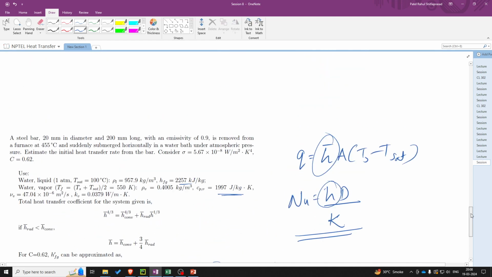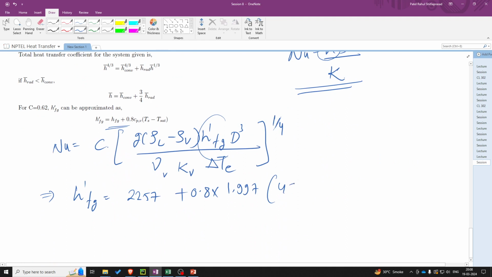Temperature was, I think, 455. So this term will come around 567. So 567 plus 2257 will give you around 2824.